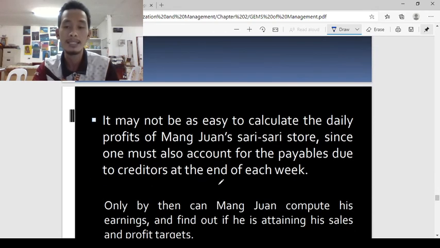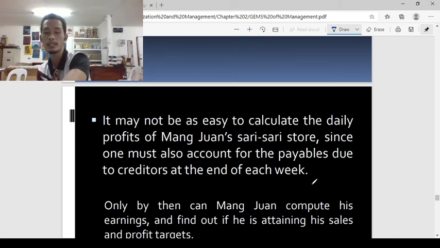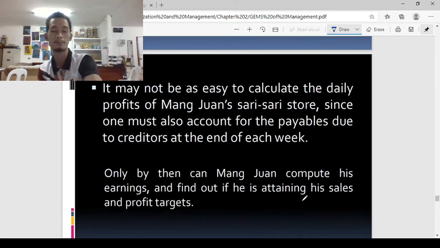It may not be easy to calculate the daily profits of Mang Juan's sari-sari store the same way as peddling corn, because sari-sari store kanog baligya, di ba? Since one must only account for the payables due to creditors at the end of each week, naay mangutang, so lista-lista, di ba? Apil to sa kwenta. Only by then can Mang Juan compute his earnings and find out if he is attaining his sales and profit targets. So it may not be easy to calculate the daily profits.